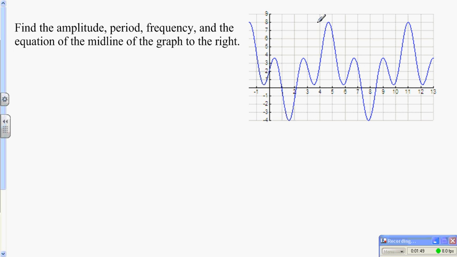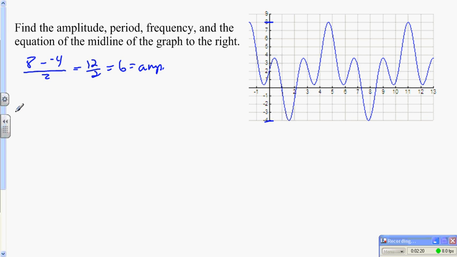The maximum height achieved, which in this case is 8, minus the minimum value achieved, which is -4, and divide by 2. You get 12/2, which gives you an amplitude of 6.